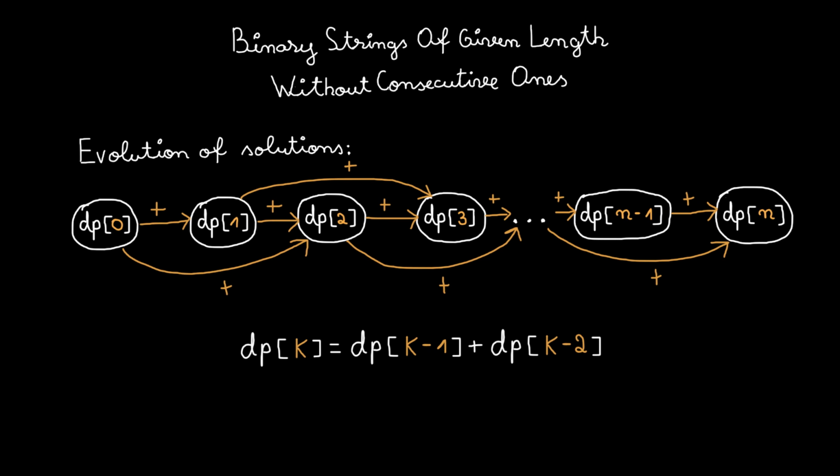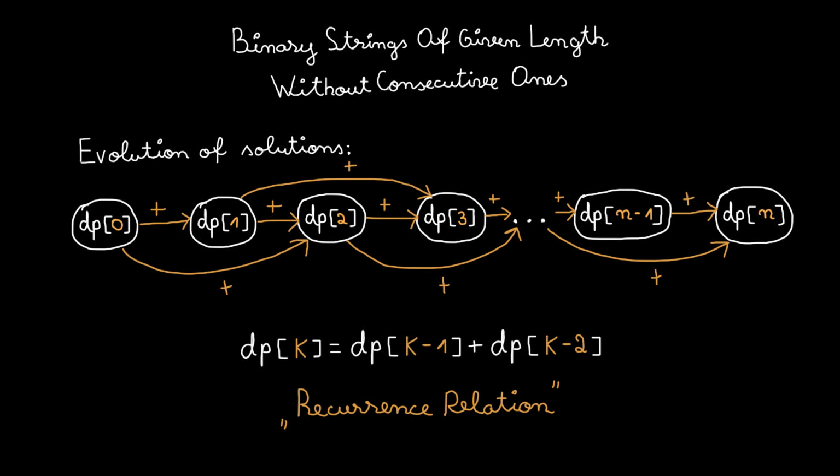In this problem, the value of each state is equal to the sum of the values of the previous two states. This is called the recurrence relation and tells us how we should compute the value of some state using the already computed values of other states.